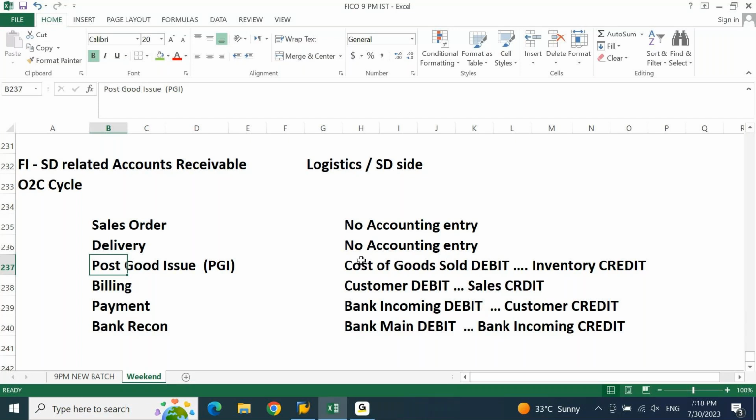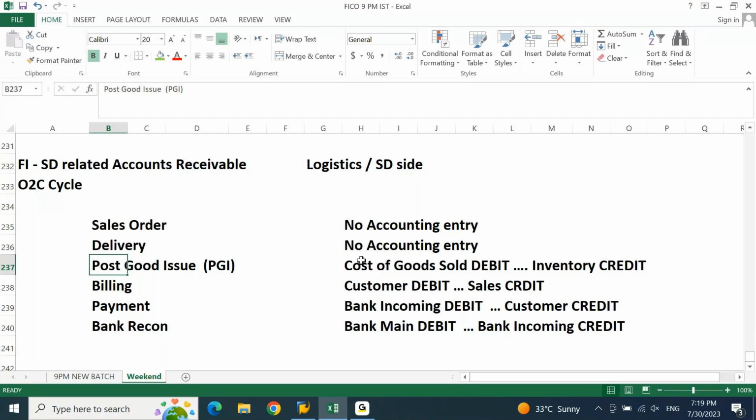And sir, one more. What is the difference between the delivery and the post goods issue? Normally we use the same terminology, but what is the difference between delivery and the PGI? Delivery is going to update in your SD module stating that whatever order you received is delivered. Delivery will not update your stock, but when you are delivering, you are reducing your stock, correct?